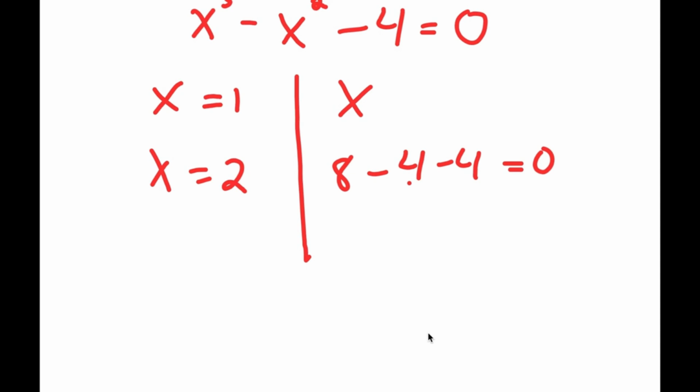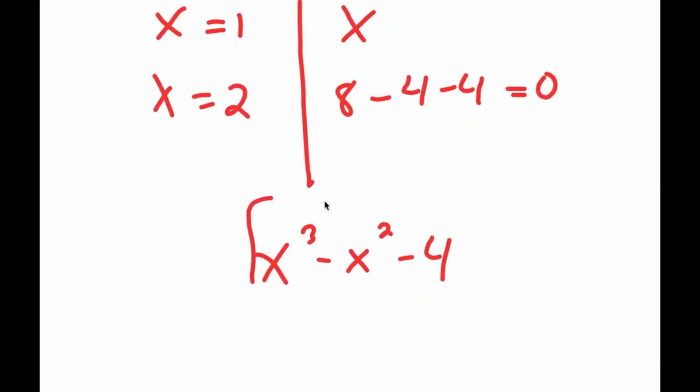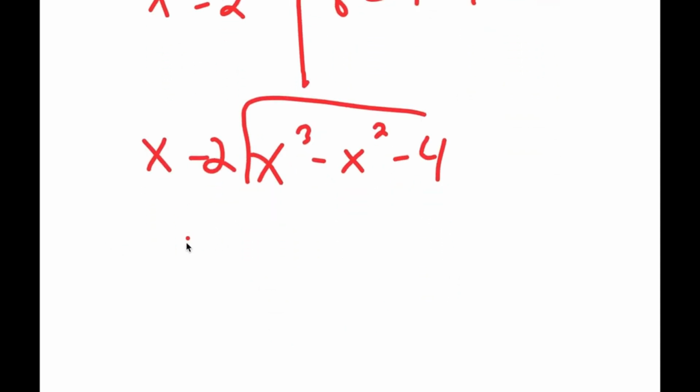So now using x equals 2, I can divide it with this. So I have x to the power of 3 minus x squared minus 4 divided by x minus 2. And then this results in x squared plus x plus 2.